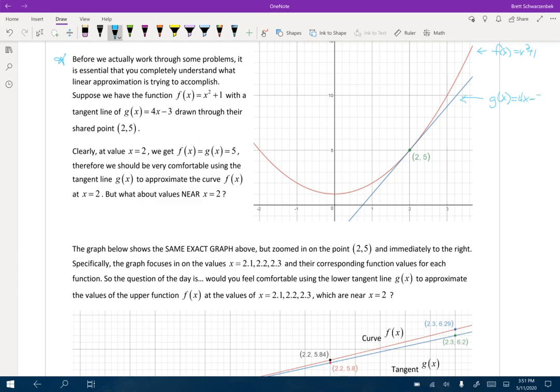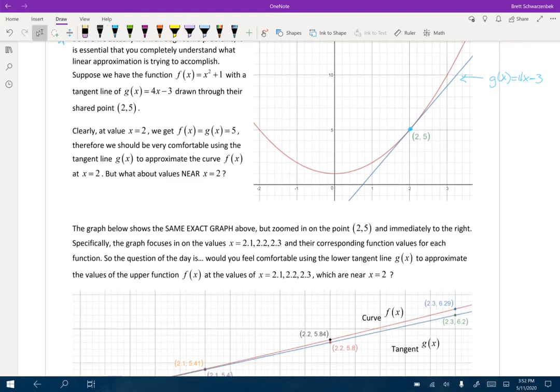Okay, it says both of these are drawn through the tangent point, (2, 5). So basically, at x equals 2, we know that the value of f and g are both equal to 5. If you want to sub it in, 2 squared plus 1 is 5, 4 times 2, 8, minus 3 is 5. We know that has to be the case because they both share this point, (2, 5).